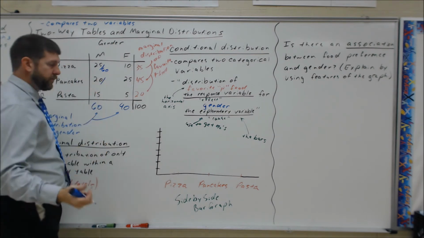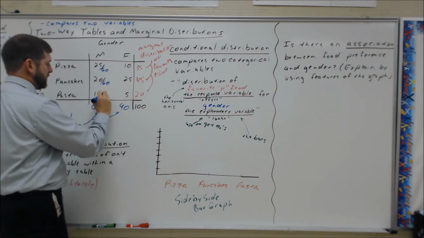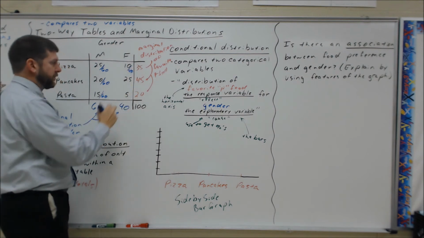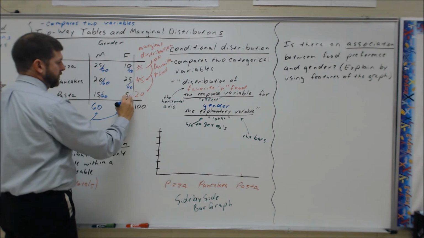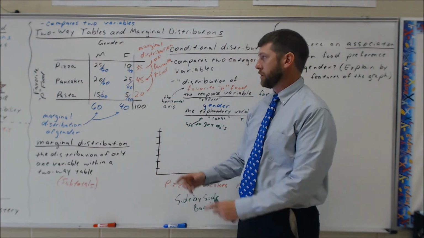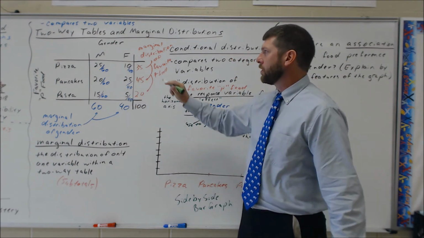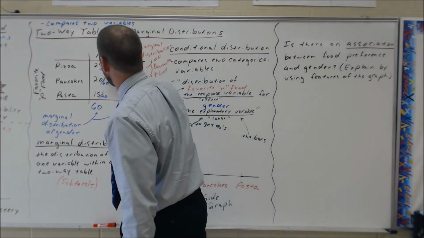What percent of males prefer pancakes, prefer pasta? Same thing with the females. What percent of females? Out of the females there and out of the females there. We're going to look at these as percentages now so that we can actually compare, because we have those two different sized groups. If we calculate those as percentages, 25 out of 60 is about 42%.